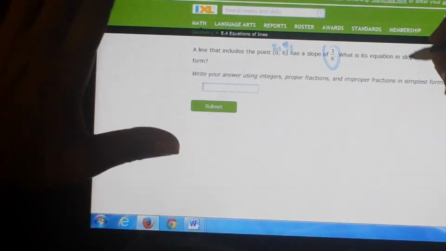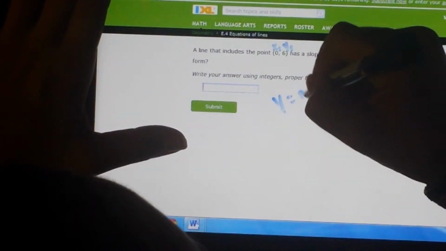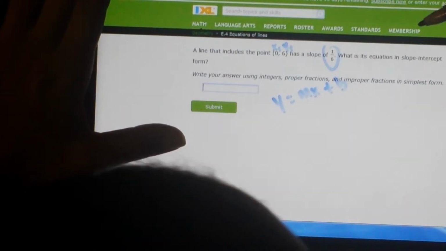Okay. Here's one with a fraction. So let's do one with a fraction real quick, and then I'll let you get to it. Point x1, y1, slope of 1/6. Equation in slope intercept. Okay, so slope intercept is y equals mx plus b.